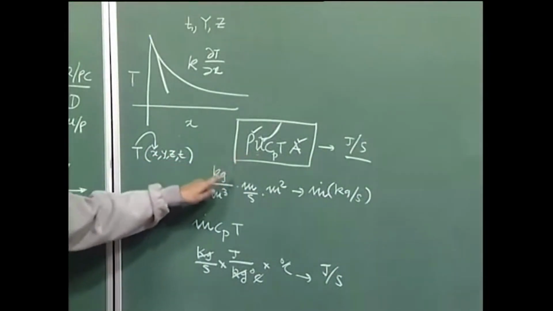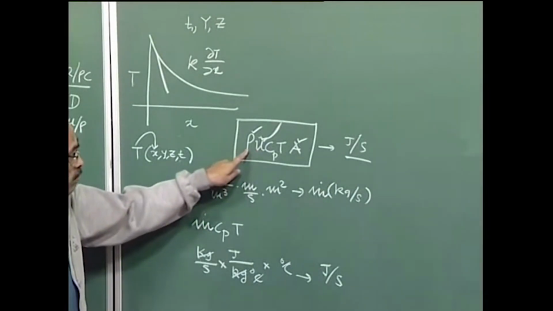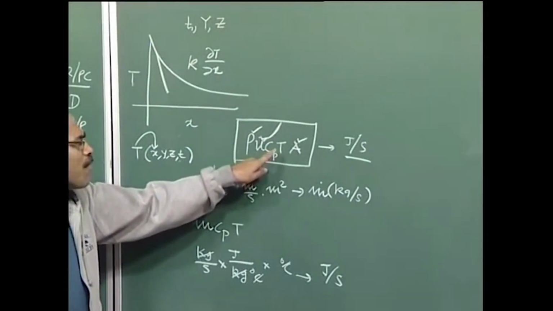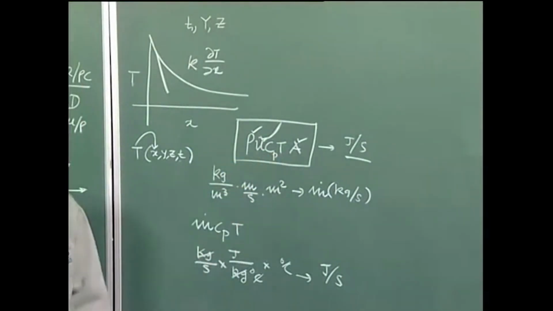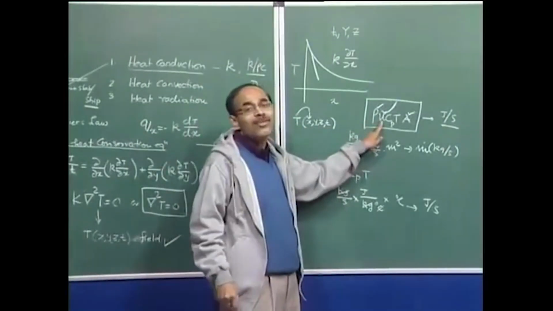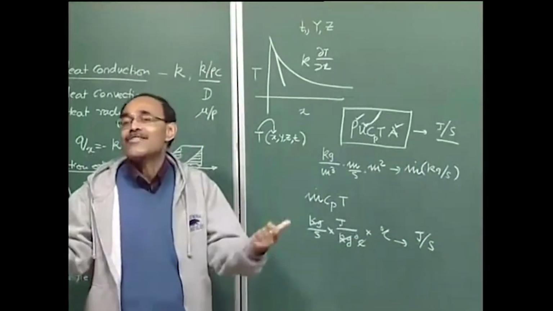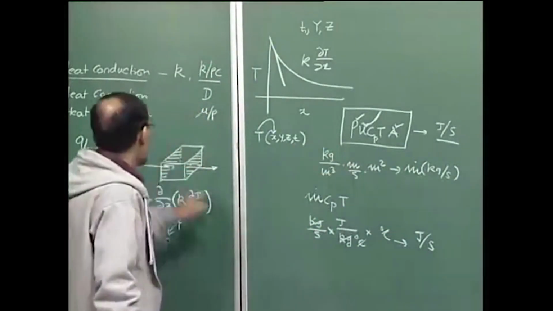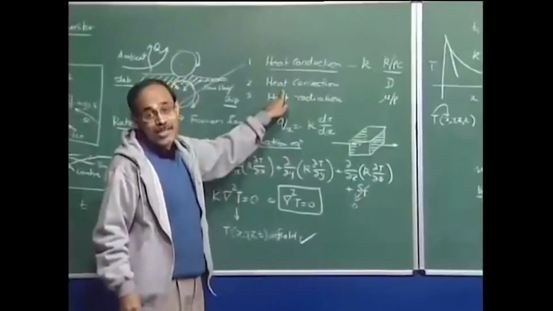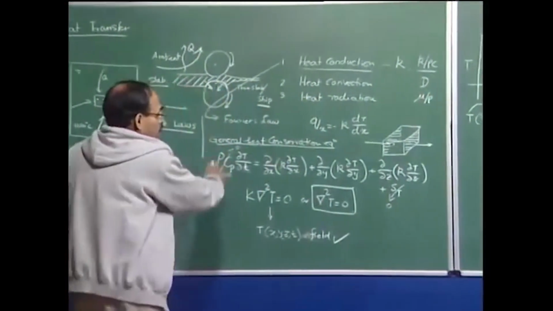While I may have knowledge of rho, Cp, and temperature by putting in a device, unless I have some knowledge of the fluid flow, I will not be able to quantify whether it is 5 joules per second or 10 joules per second. So, knowledge of fluid flow is a prerequisite to the calculation of convective heat transfer rates.